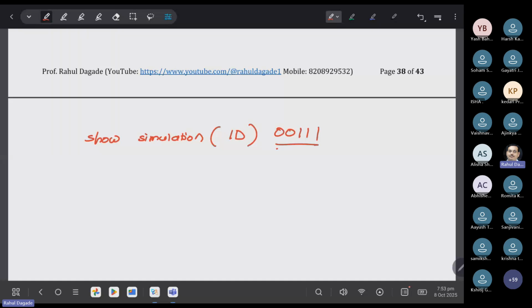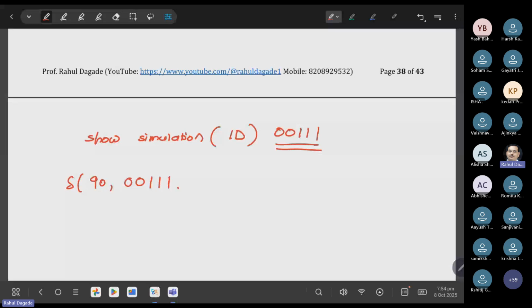How will you show the simulation? Delta of Q0, input is 0, 0, 1, 1, 1 and Z0 on stack. That gives us Q1 state, and the starting symbol is pushed on stack: 0, 0, 1, 1, 1, S, Z0.